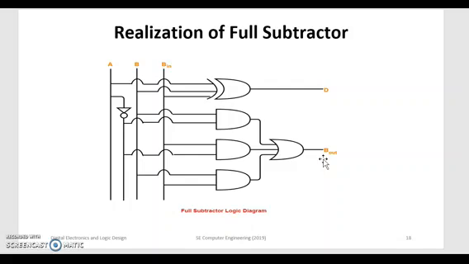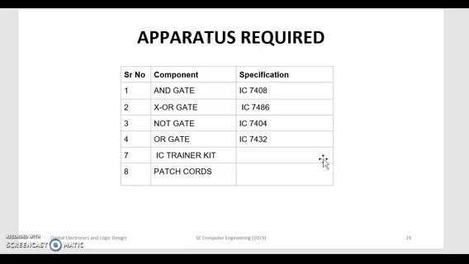It is the paperwork which you have to write down inside your journals, inside your assignment. Now we will see the actual implementation of how we are going to design and realize this circuit on the kit. The apparatus you are going to need to perform this experiment: we have designed the circuits using AND gate, XOR gate, NOT gate, OR gate. For each and every gate we will need an IC.